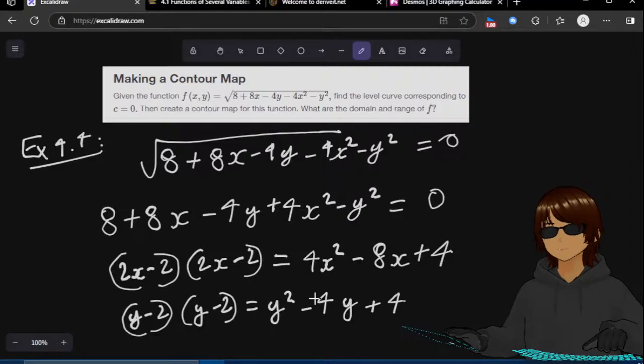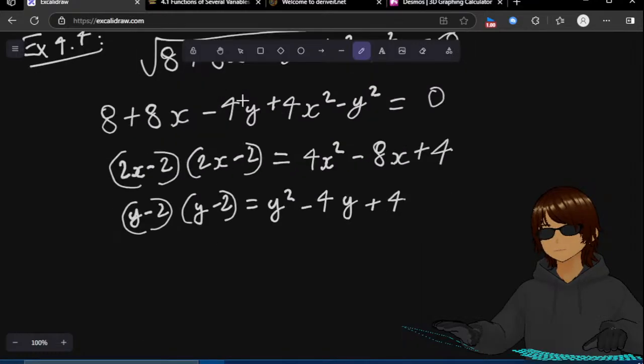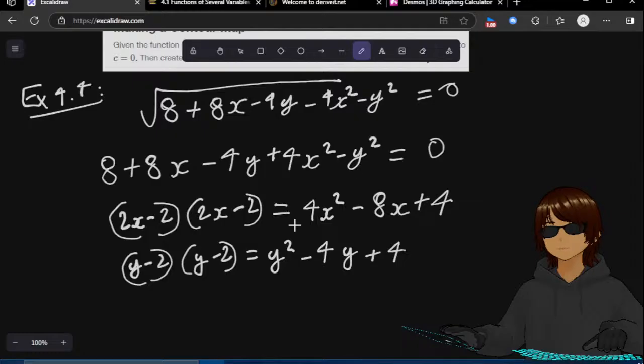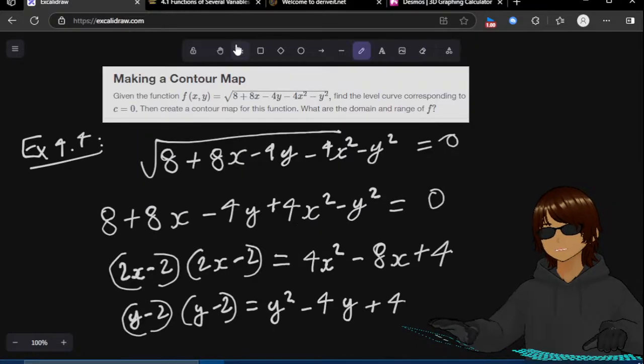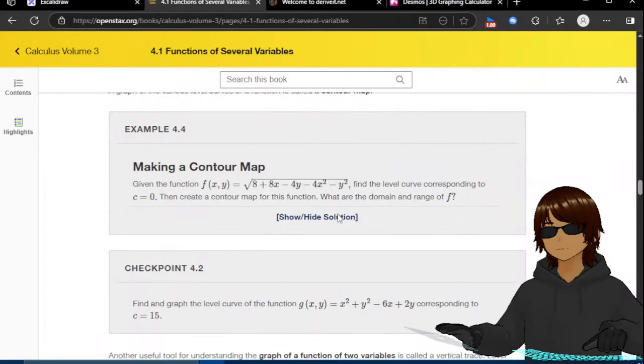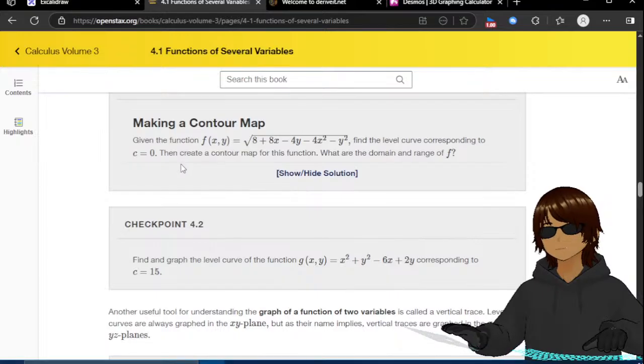If I add these two together, I'll be left with 4x squared minus 8x plus 4. It's close, but not what I was searching for. What did they do?